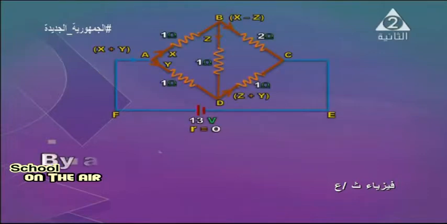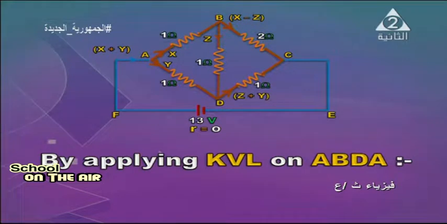In front of you, by applying Kirchhoff voltage law on loop A, B, D, A. Your attention, A, B, D, A. When going with the current through a resistor, we'll have a drop in voltage.